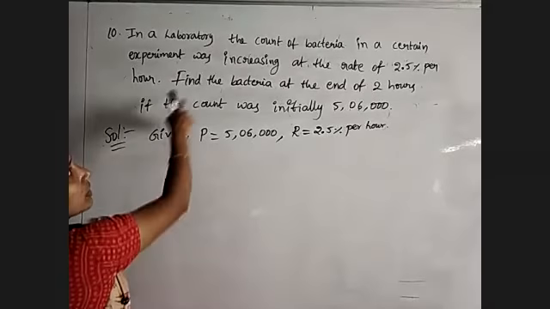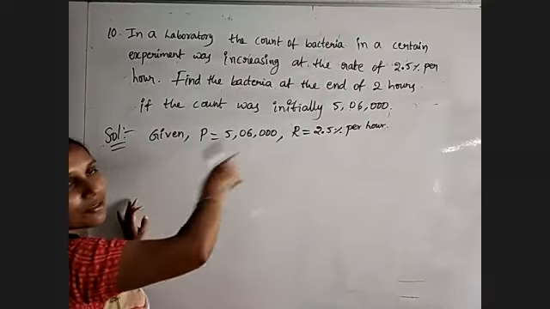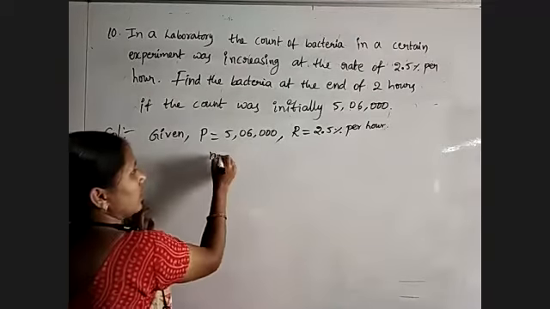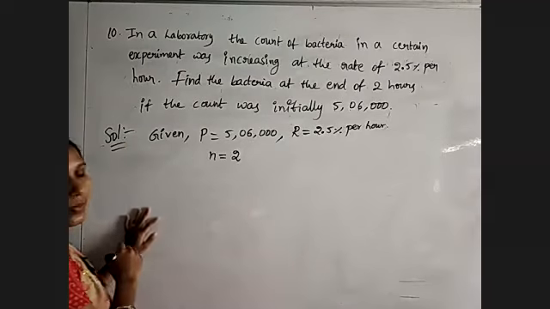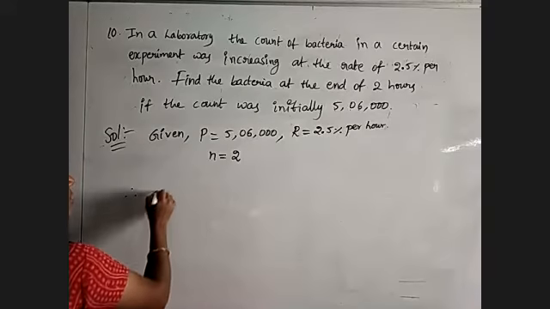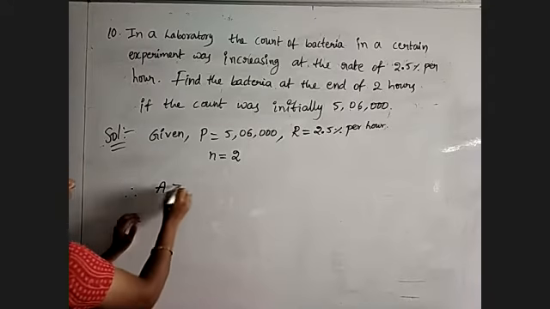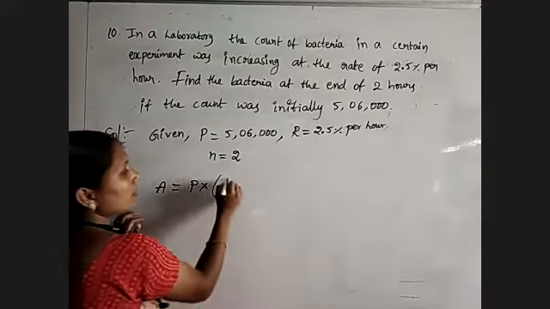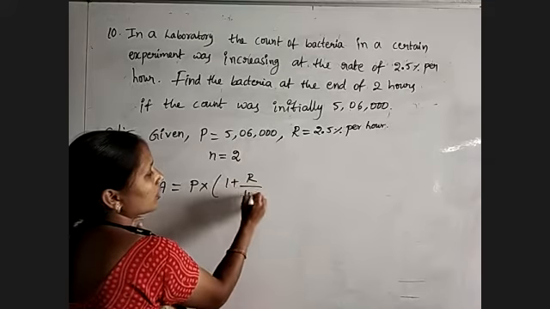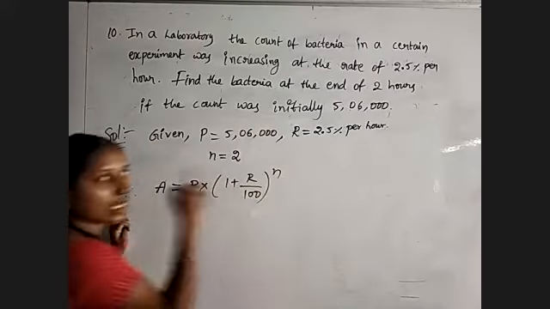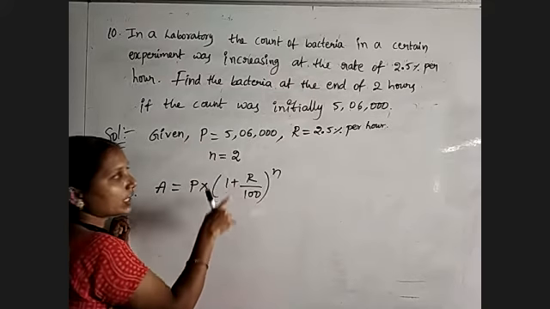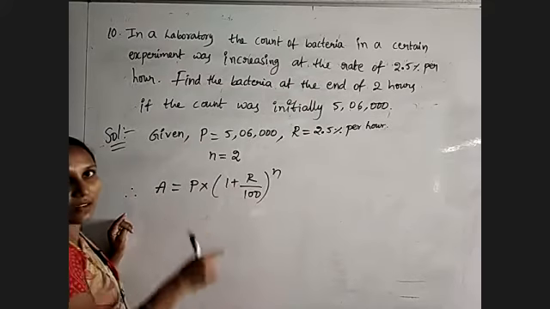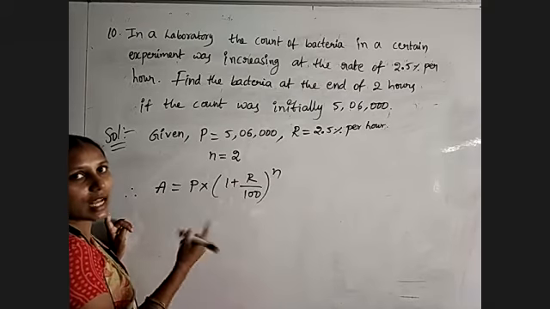And find the bacteria at the end of 2 hours. The number of conversion periods is equal to the number of hours, that is 2. So we have to use the compounded amount formula, that is P into (1 plus R by 100) whole to the power of N. In case of population or such type of question, you compulsorily need to take the interest as compounded annually.